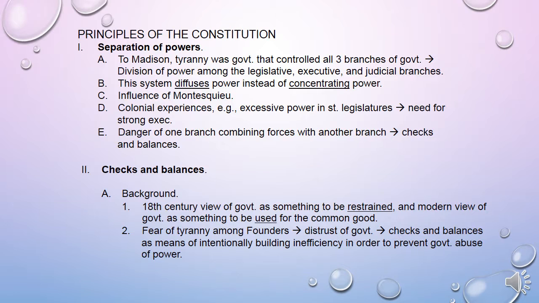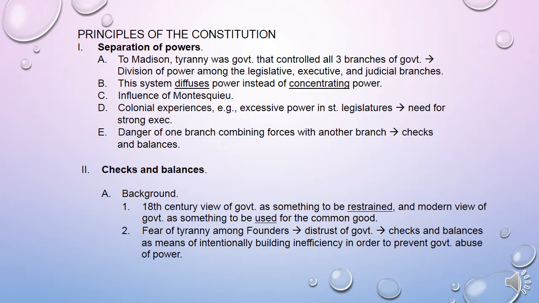So the background: the 18th century view of government as something to be restrained, compared to the modern view of government as something to be used for the common good. Again, they feared government because the only governments they knew were the tyranny of the king and some of these state legislatures that were all-powerful. And fear of tyranny among the founders.